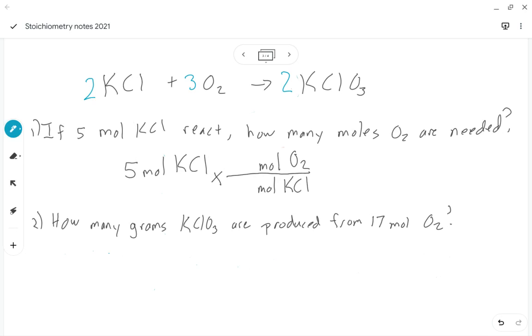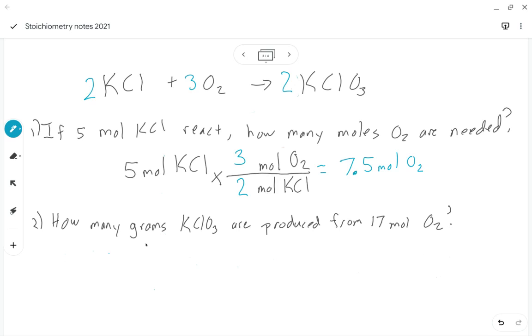Then we go up to the equation, and since there was a 2 in front of the KCl, we put a 2. Since there's a 3 in front of the oxygen, we put a 3. So what we're looking at is essentially 3 halves of 5, which is 7.5 moles of oxygen.